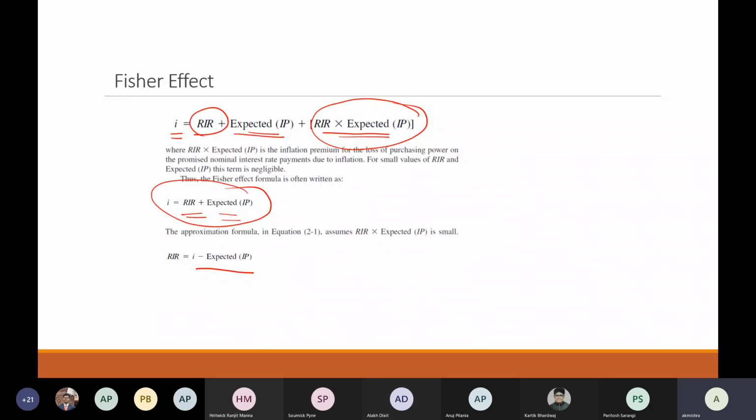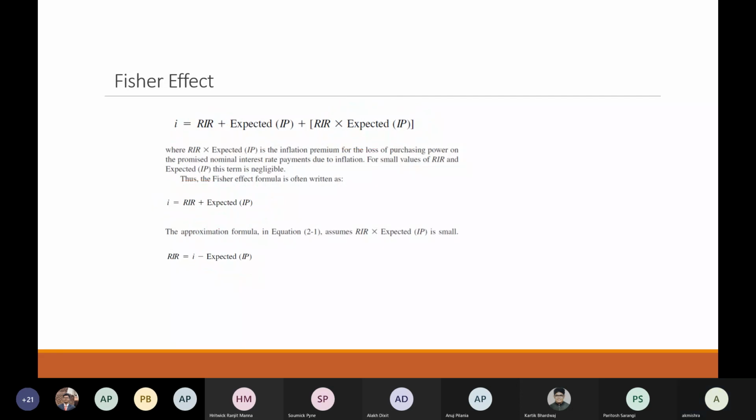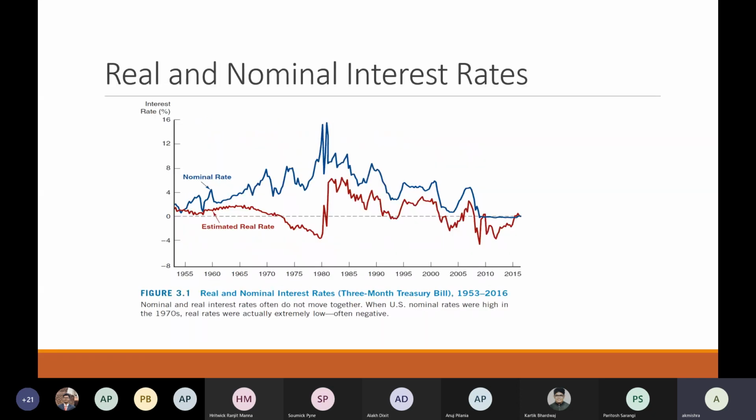It may go up, it may go down, and based on that your nominal interest rate will change. So this is how we have this relationship. This part is clear. This is very easy, and some of you may be aware of this Fisher's theory related to nominal interest rate, real rate and inflation.